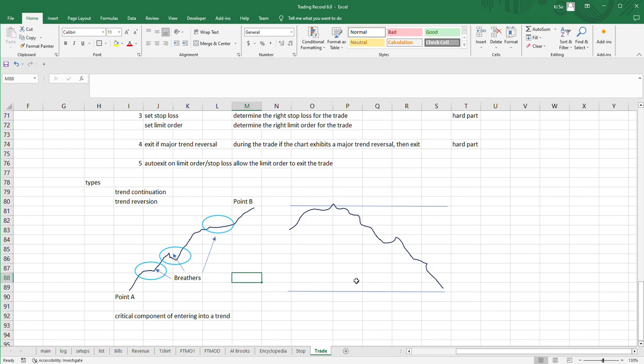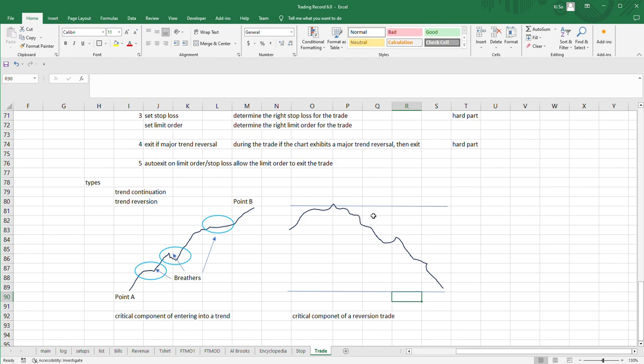The critical point of major trend reversal is going to be a couple of points of interest. Okay, how do I declare? How do I declare? Okay, so this is going to be a critical component of a reversion trade. If I'm looking at this, I'm looking at it from a perspective.